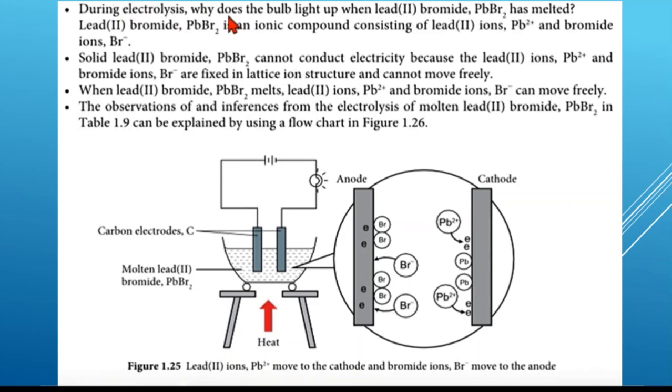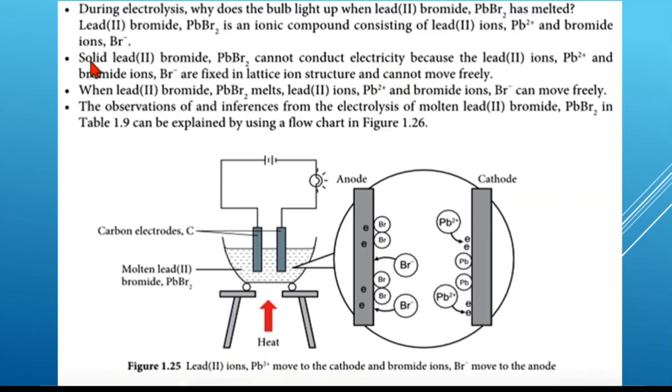During electrolysis, why does the bulb light up when lead bromide has melted? Lead bromide, PbBr2, is an ionic compound consisting of lead(II) ions, Pb2+, and bromide ions, Br-. Solid PbBr2 cannot conduct electricity because the lead(II) ions and the bromide ions are fixed in a lattice ionic structure and cannot move freely.